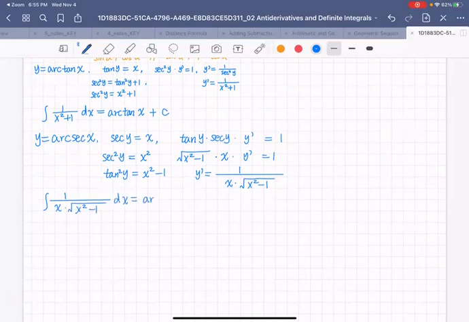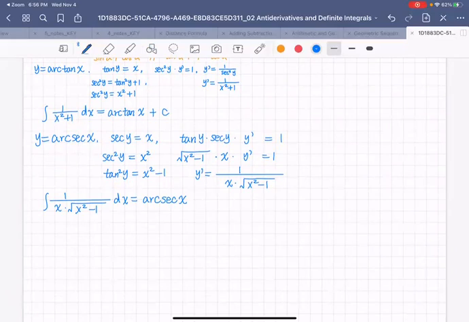That equals what? Arc what? Arc secant. Correct? Yes.